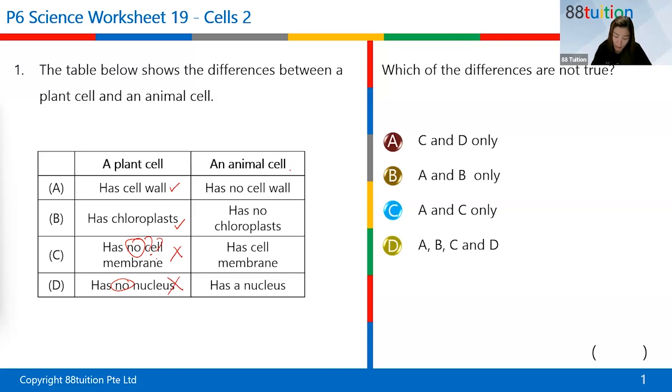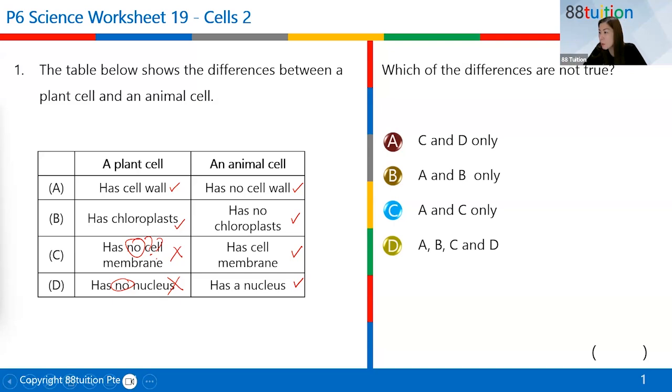Let's look at the animal cell: no cell wall is okay, this we know; no chloroplast; cell membrane; has a nucleus. In general, typical animal cell, typical plant cell, yes. So which of the differences are not true? We have the answer there.